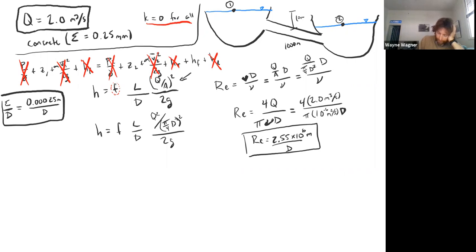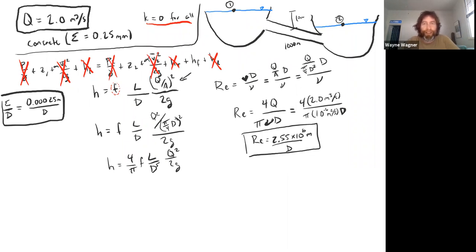Okay, so H equals, let's see, 4 on pi, F, L on D to the 5th. So we've got a 2G on the bottom, a Q squared on the top. Sorry, they should never let me solve these kinds of problems, especially not in public.